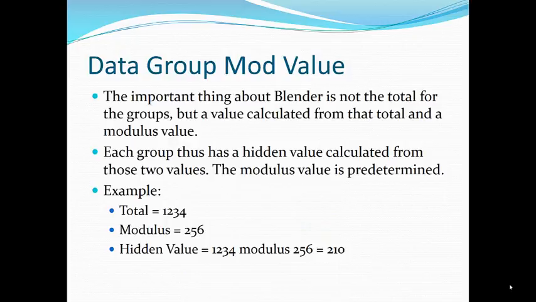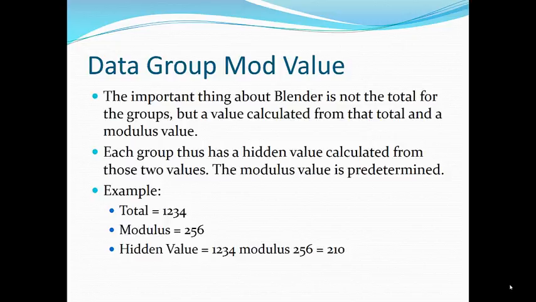The important thing about Blender is not the total for the groups, but a value calculated from that total and a modulus value. Each group thus has a hidden value calculated from these two values. The modulus value is predetermined. For example, my total might be 1234, the modulus might be 256, and the hidden value is 1234 modulus 256, or 210.